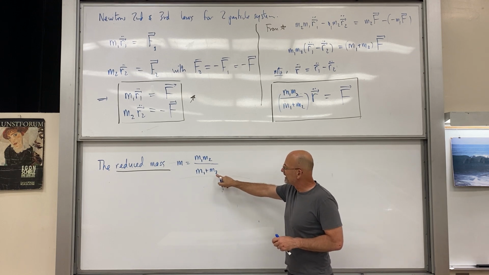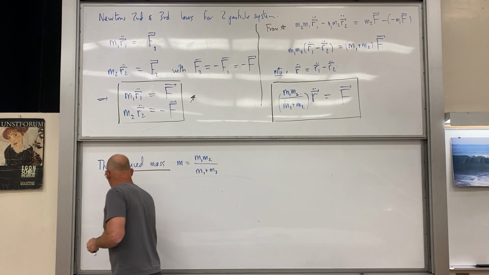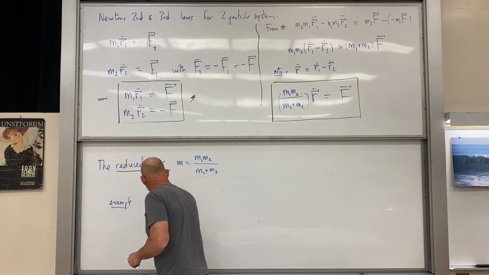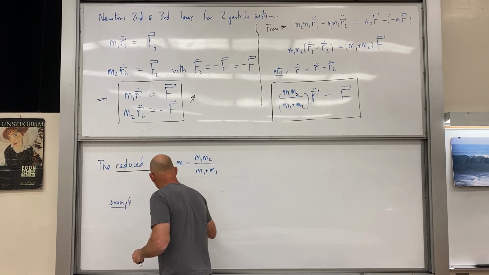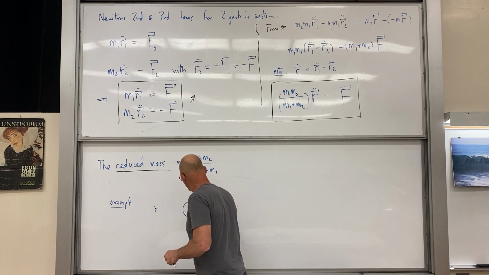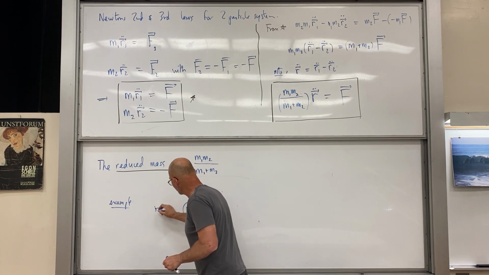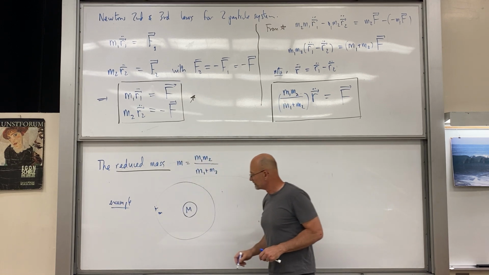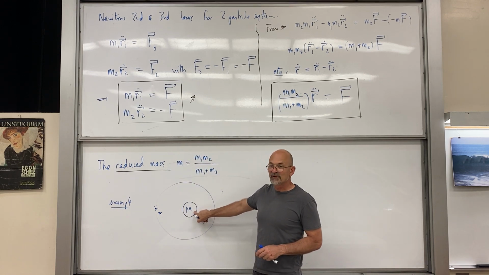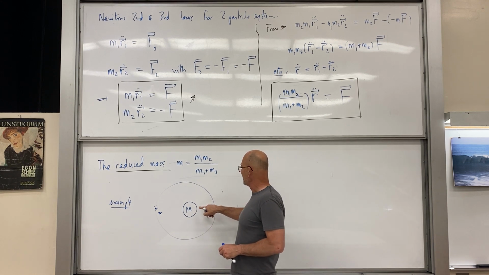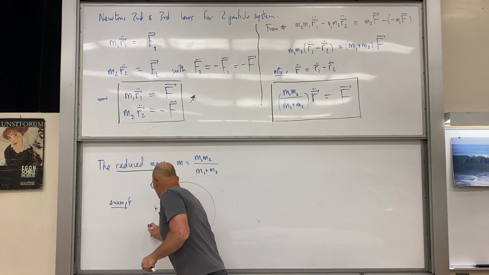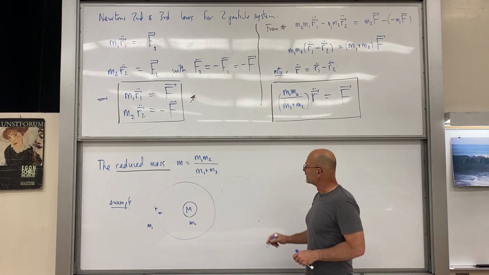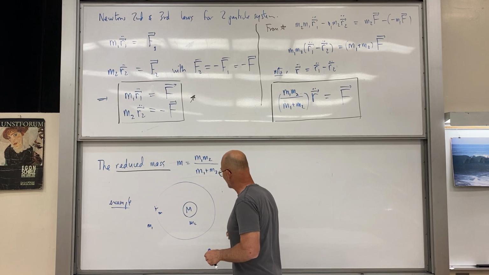And just to immediately give an important example, you have a smaller body, say some satellite, orbiting a larger body. Right, we're headed that way. So that's M, and that's capital M. And this is M1, and this is M2. Okay. So what happens to the reduced mass in this case? Or what does it mean?